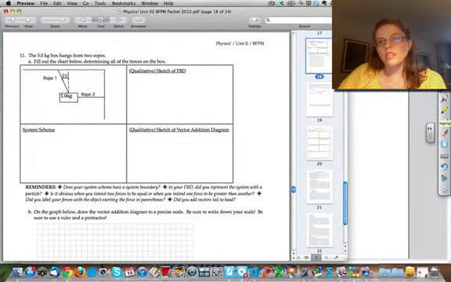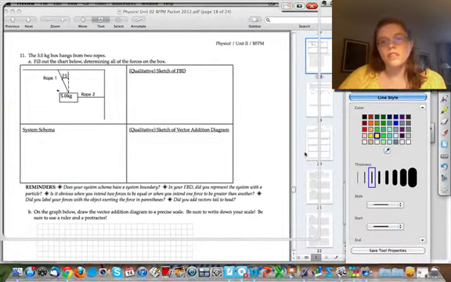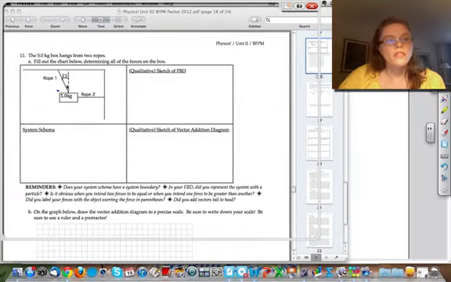So here's our sign. There's our sign right here. And it's being held up by two ropes across like a corner of a room. So we have rope 1 and rope 2. First thing we're asked to do is to sketch a free body diagram of the sign.